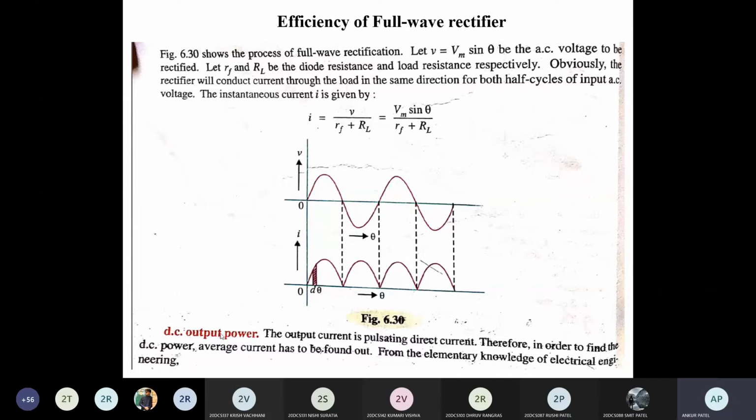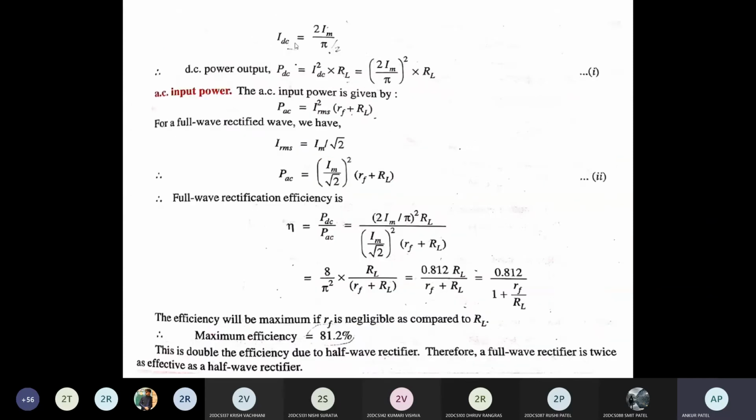IDC is equal to I average, which we get by the same procedure: average area under the cycle divided by length of the base over the cycle. For full wave we get IDC equal to 2 Im by pi. This is the average value for a full wave rectifier.